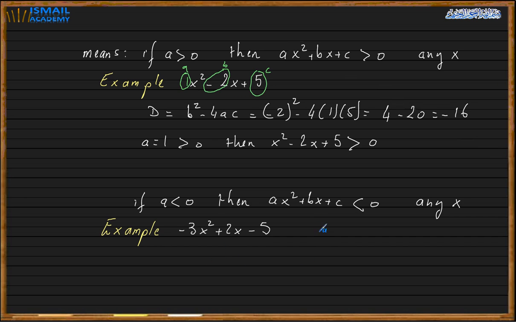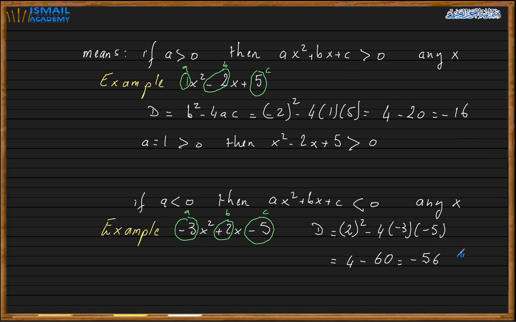So for the discriminant, this is my a, this is my b, and this is my c. Here I will have 2 squared minus 4 times minus 3 times minus 5, so 4 minus 60, which is minus 56. So it's negative.